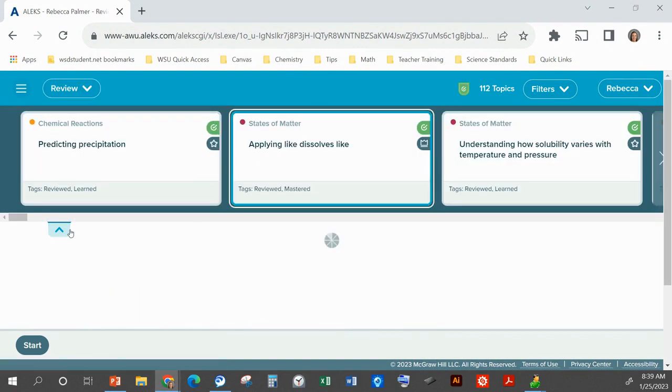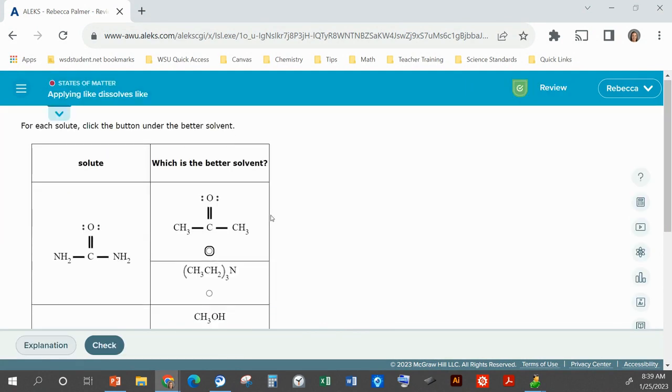Okay, this topic is called like dissolves like, if you want to follow along with us. So we get a solute, and then we have to pick between these two solvents. So remember things like dissolves like: polar dissolves polar, ionic dissolves in polar, and hydrogen bonding dissolves in hydrogen bonding.